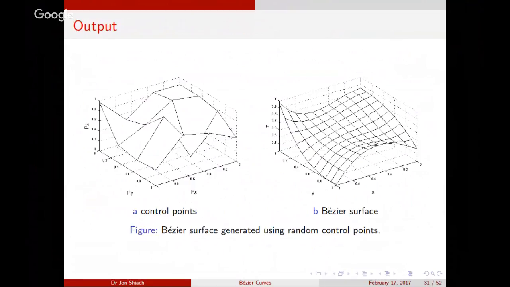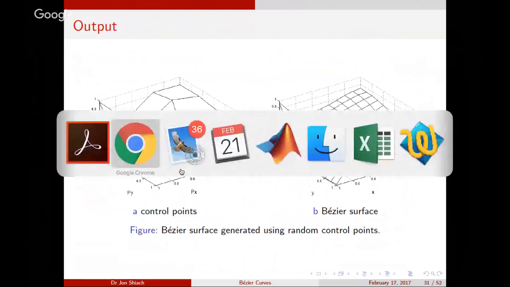And I've randomized the z, so the heights have been randomized. So the x and y I've sort of fixed. I've got them in a square configuration. Z is randomized. Okay, and all I've done here is apply Bezier curve, and you can see that given 16 control points, gives us a nice smooth curve. What actually I'm going to attempt to do is just show you this working on MATLAB.